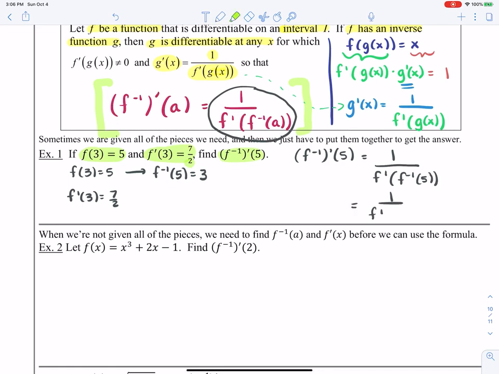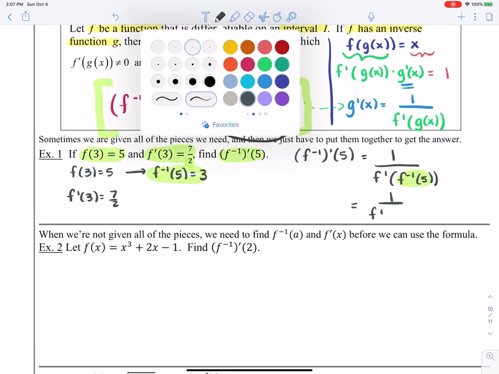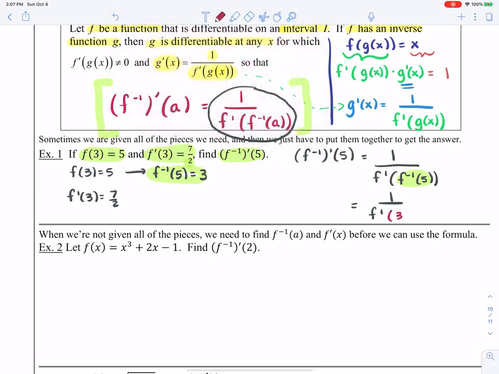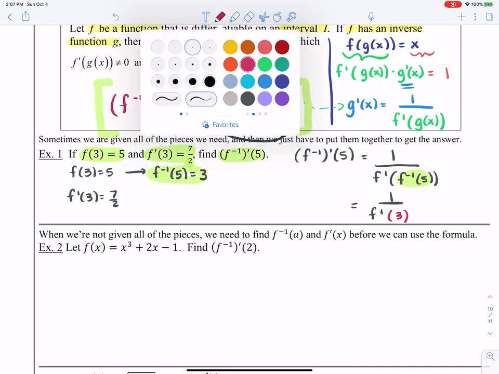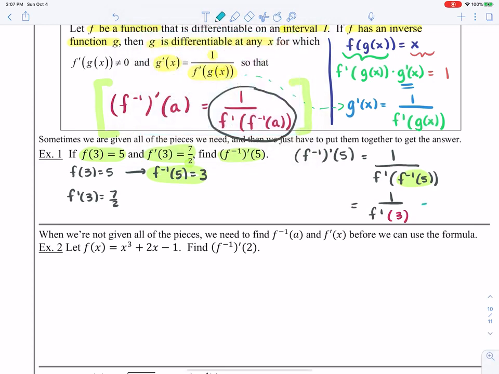We know what f inverse of 5 is. We wrote it right here. f inverse of 5 is 3. And then we want to find f prime of 3, which we already have. So this becomes 1 over 7/2, or 2/7. And that's how we do our answer. Okay? Let's do it again.